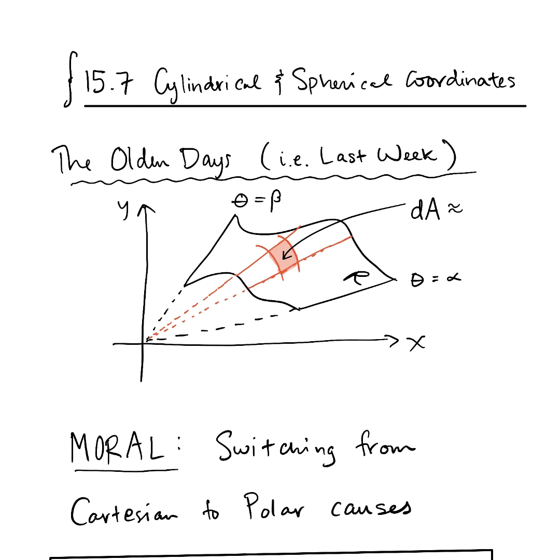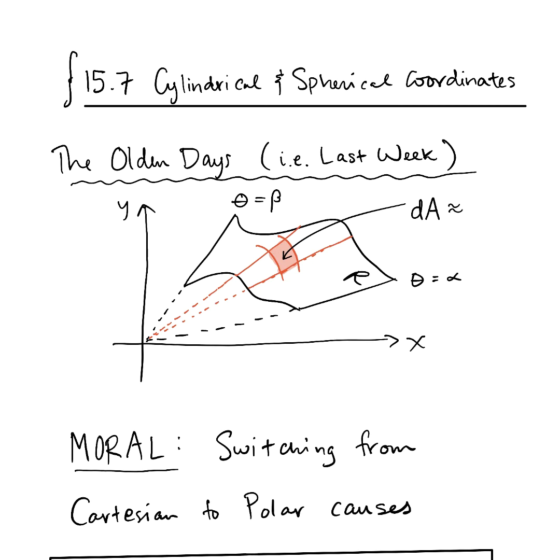And any particular such region looks kind of like this thing we're calling dA. And you can see that dA isn't quite a rectangle, but it's almost a rectangle. And if it were a rectangle, then its little area contribution would just be base times height, or width times length, or whatever you want to call the dimensions of that little red patch.